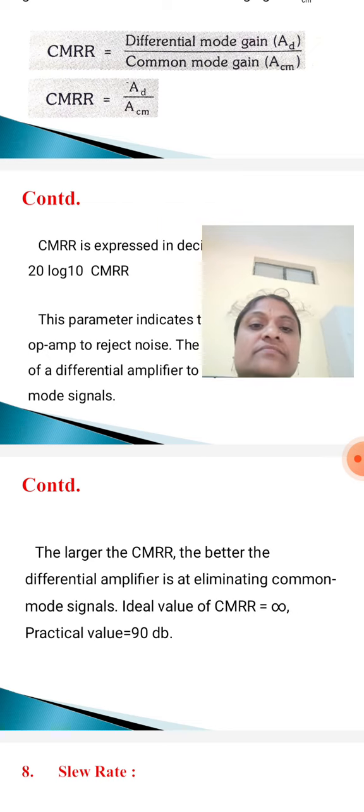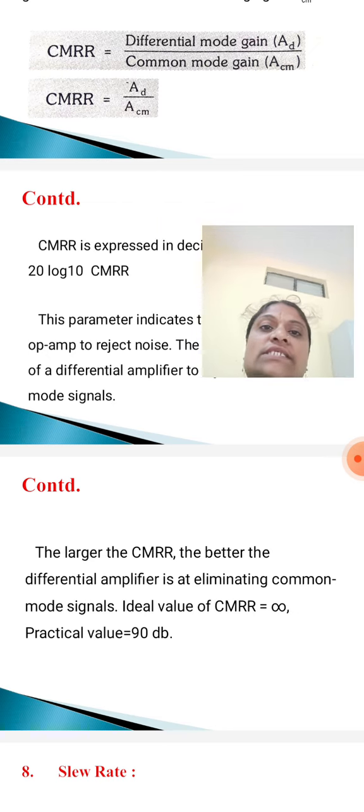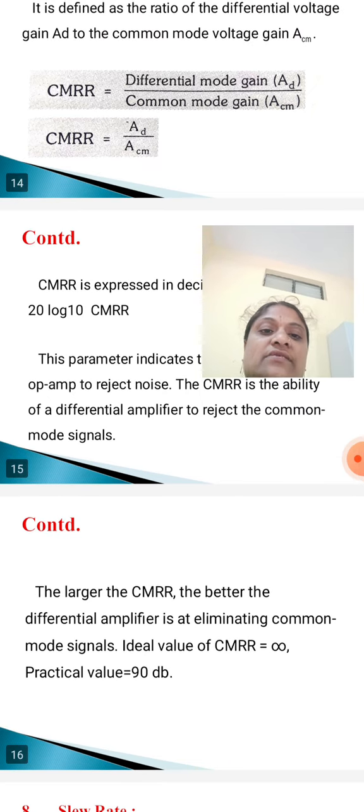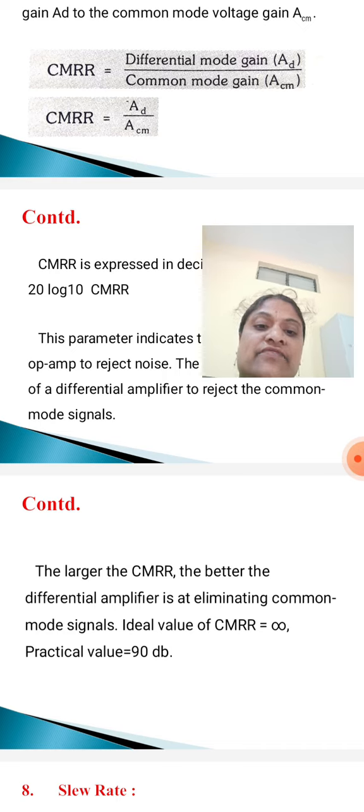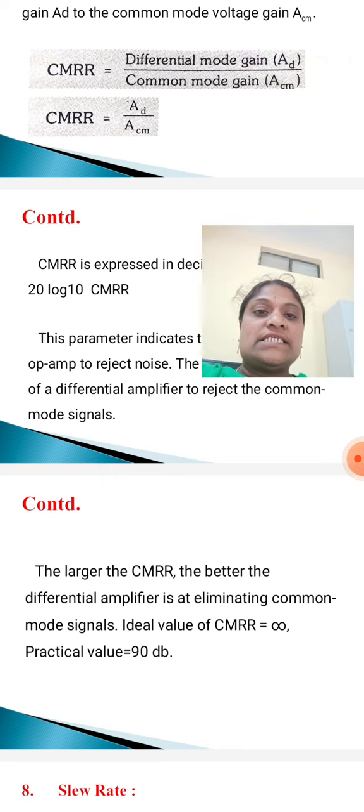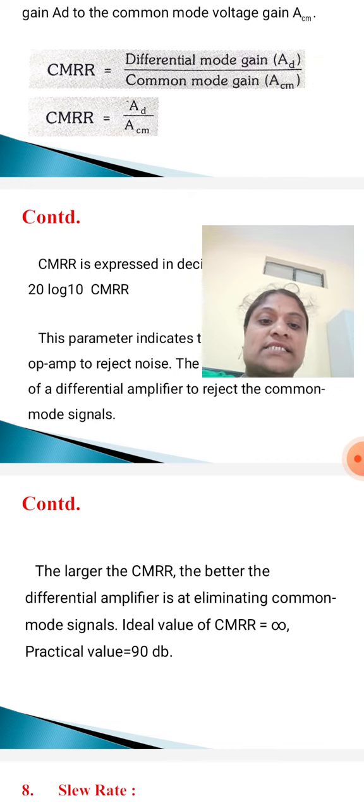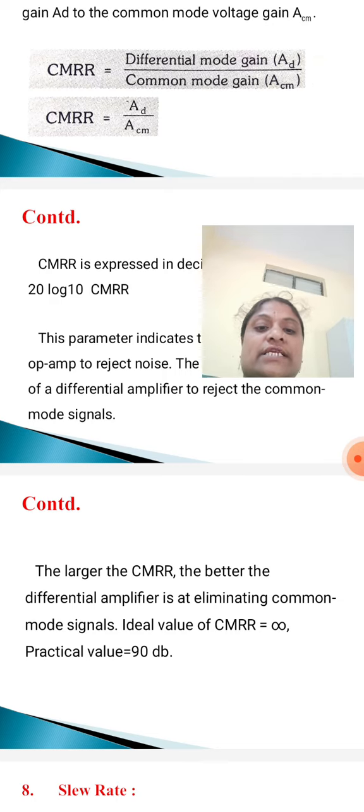In this equation, the larger the CMRR, the better the differential amplifier is at eliminating common mode signals. Observe this equation: as CMRR increases, the common mode gain decreases. That means it can be eliminated.